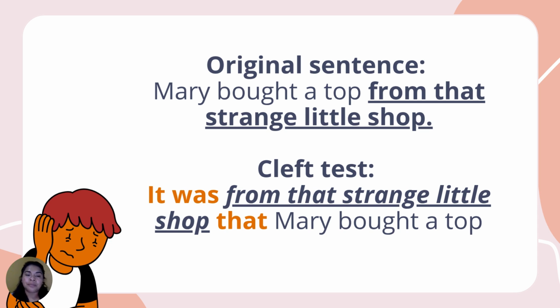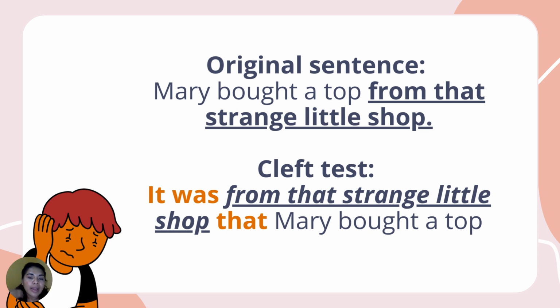Let's read that: it was from that strange little shop that Mary bought a top. You can see in orange the formula, then the underlined word, which is the constituent, and the other one at the end, which is the rearrangement of the sentence.